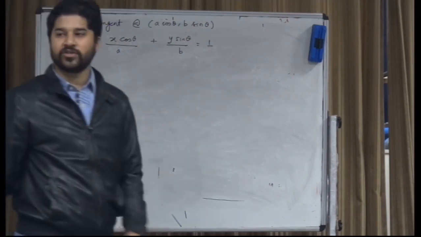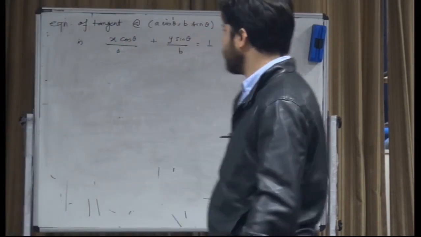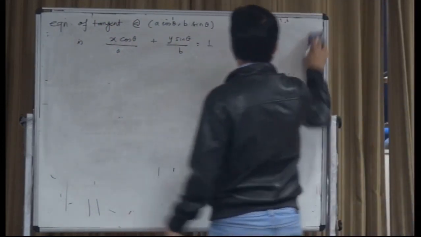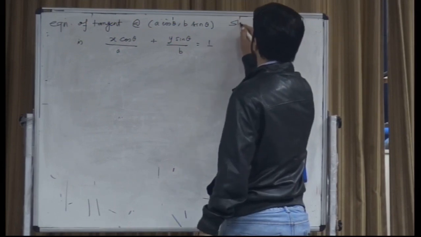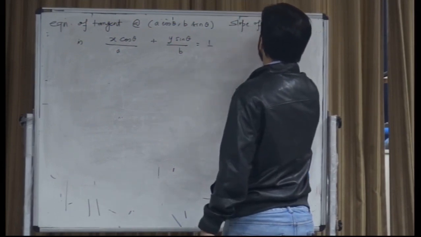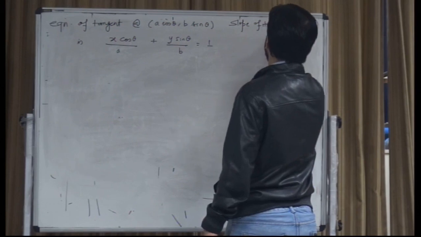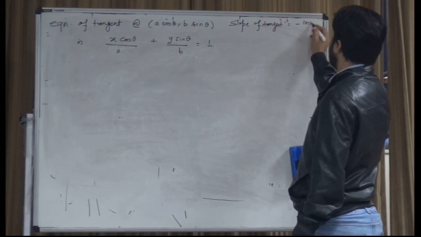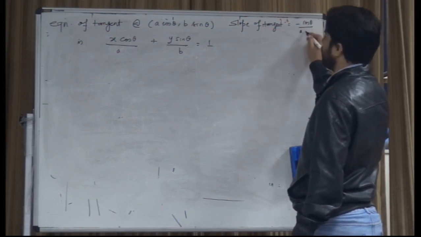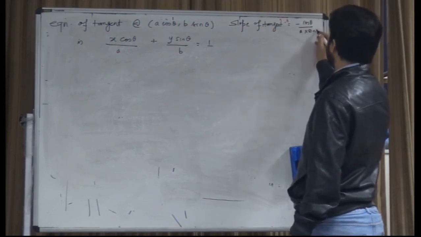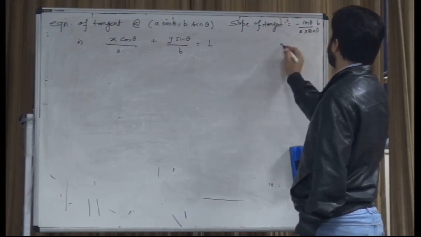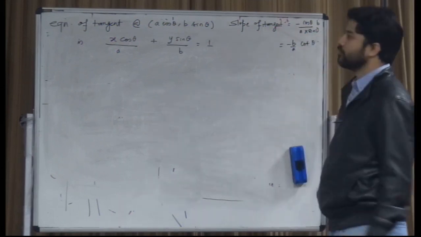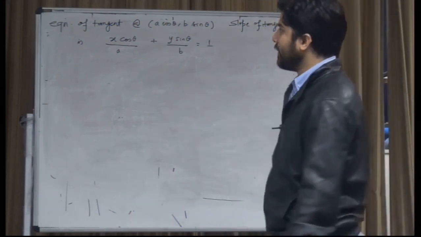Okay, this is the equation of tangent. Is it right? Okay. Slope of tangent is going to be minus cos theta upon a into sine theta upon b, which is going to be minus b by a cot theta, right?